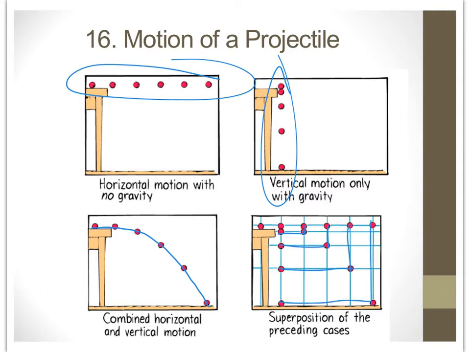Those y coordinates and those x coordinates really combine to give us that parabola, that projectile motion that we see when an object rolls off of a table or is flying through the air. So projectile motion is simply a combination of this constant velocity in the x with free fall in the y.